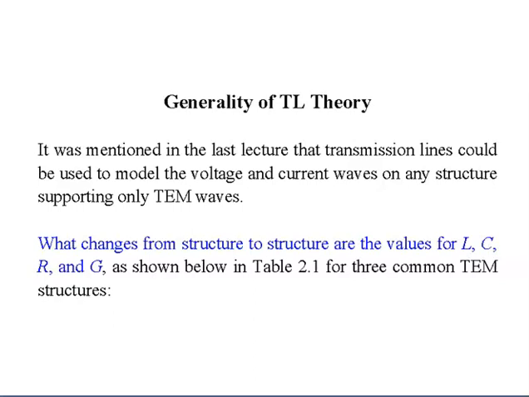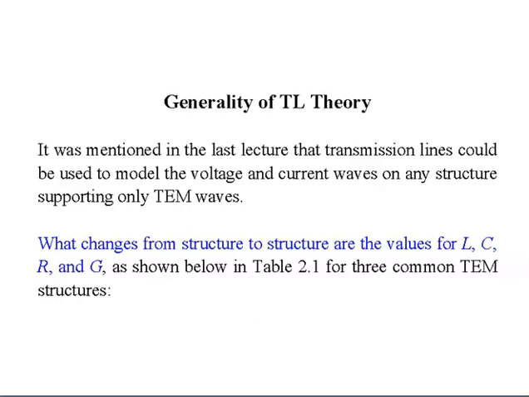In the last lecture, we mentioned that the transmission line could be used to model the voltage and current on any structure that supports only a TEM wave, the transverse electromagnetic wave.